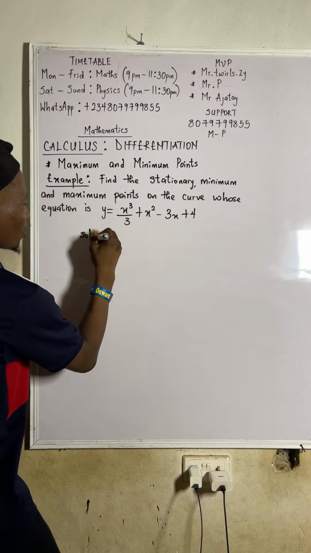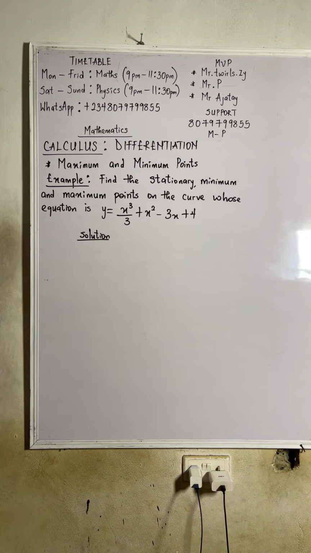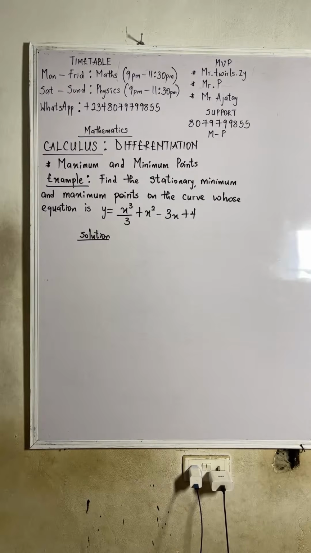Now look at the question. How many of you have come across questions like this? Probably in your past questions. It's differentiation, and we just want to finish it. If I say I did not finish this part, you might not get it. It's differentiation we did yesterday. If I skip this part, what if they ask you a question? If you check the syllabus, have you not seen maximum and minimum point?